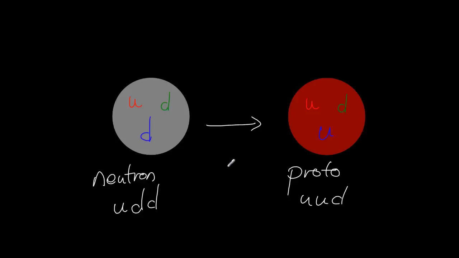So in terms of the quarks, what's actually happening is a down quark is turning into an up quark. That is releasing a beta particle, which is an electron, and in order to keep the lepton number still at 0, we also have to produce an anti-electron neutrino, and that is beta minus decay.